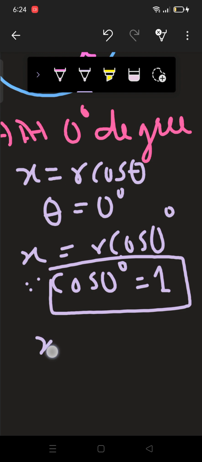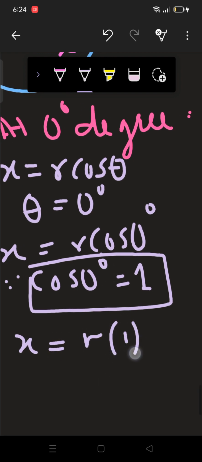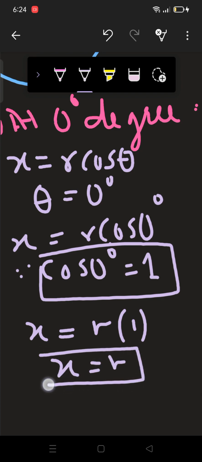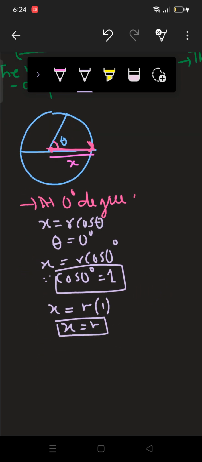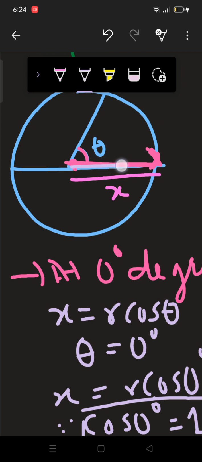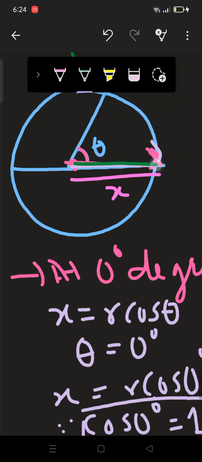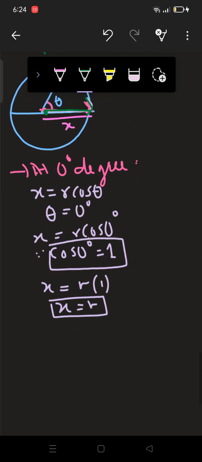So let's put this in the formula: instead of cos 0 degrees I can put 1, so x = r. Now see, x would be equal to r if we have the maximum displacement. This is the entire r, so x = r.